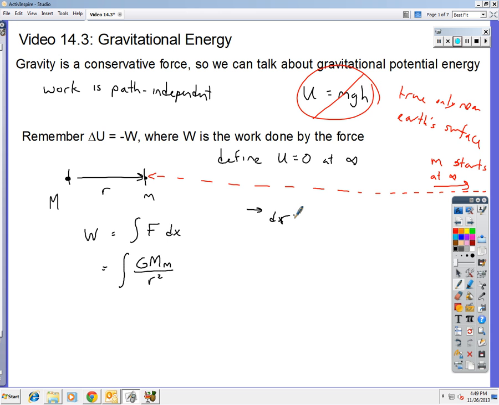But since we're moving this particle inward, dx is equal to negative dr. And so we'll put a negative sign out front, and then a dr. And our limits of integration are that we're starting out at infinity, and we're ending up at a distance little r.